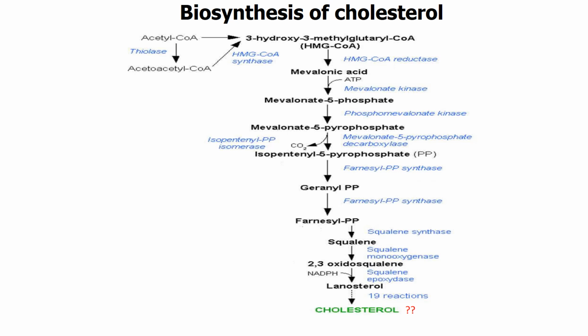Now, that molecule is acted upon by farnesyl PP synthase to give us geranyl pyrophosphate, and the same enzyme, farnesyl pyrophosphate synthase, will act on it to give us farnesyl pyrophosphate.